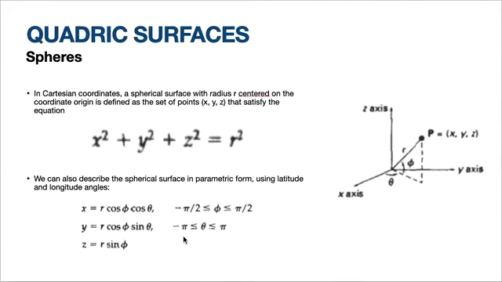For that, you can use these equations: x equal to r cos phi cos theta, y equal to r cos phi sin theta, and z equal to r sin phi, where phi is greater than minus pi by 2 and less than pi by 2, and theta should be greater than minus pi and less than pi. Okay, so this is the representation of a sphere using Cartesian coordinate equation and parametric form.